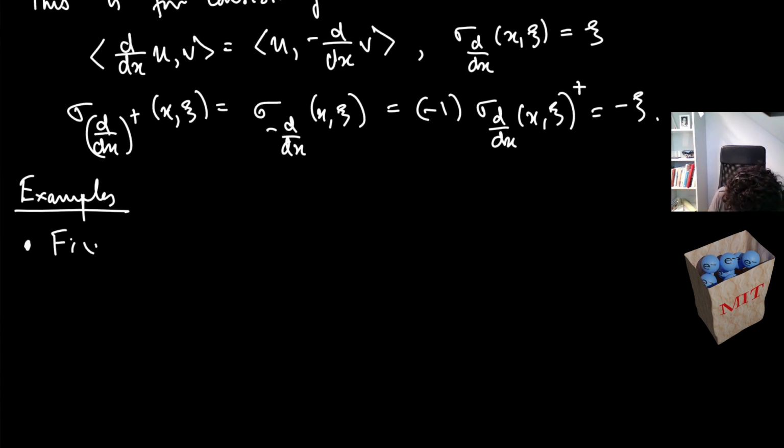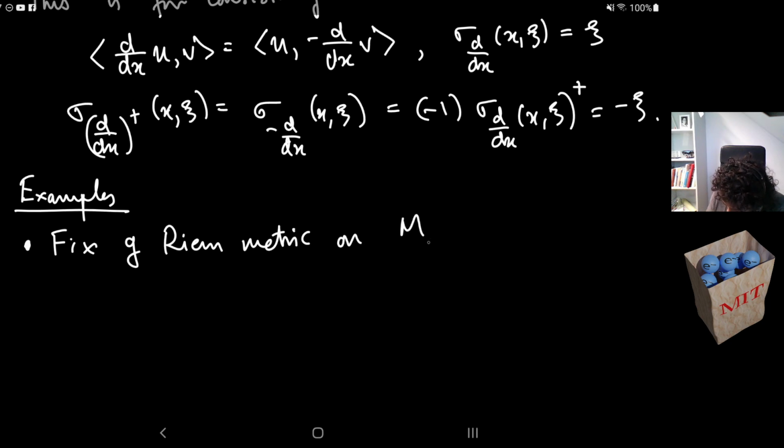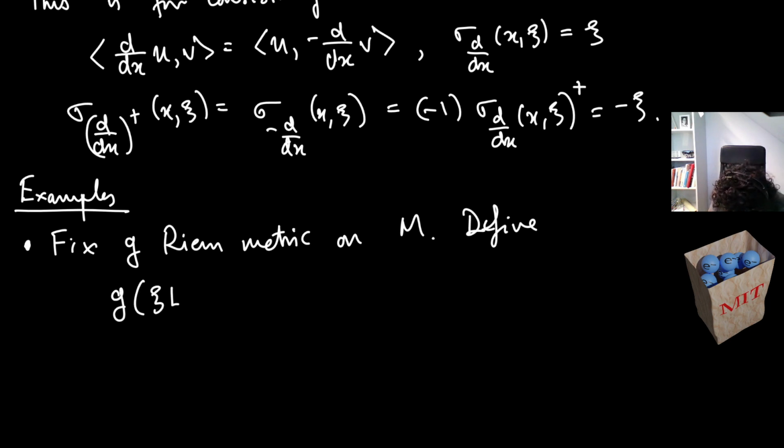So fix G to be a Riemannian metric on M, and define the cut product. I noticed that some people write this the other way, and I actually don't know what this notation is.